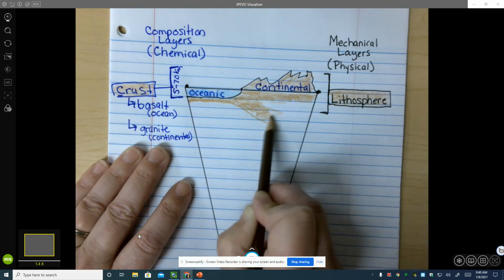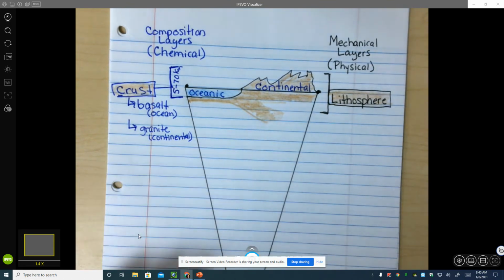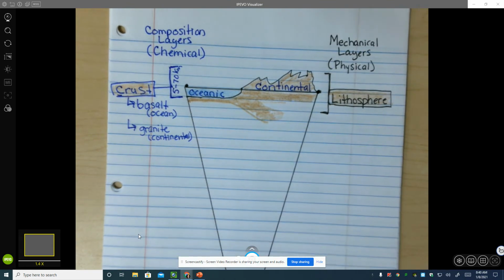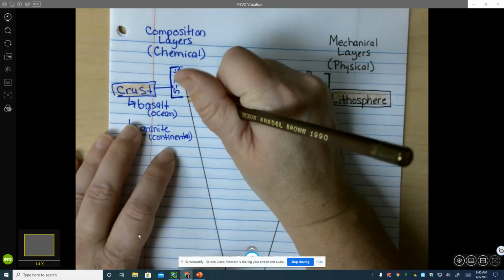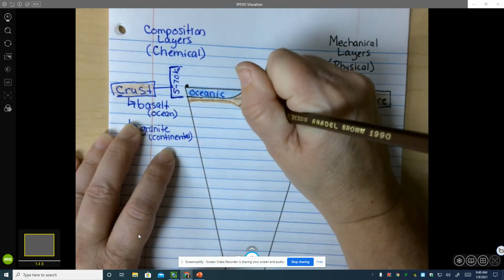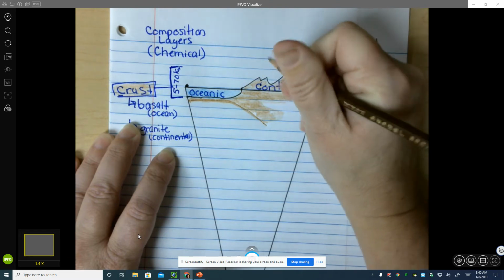I'm going to dip down in here. Okay. A little preview term. This would be called subduction right here, happening.